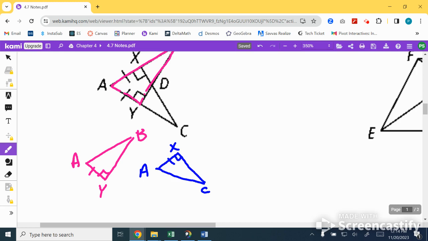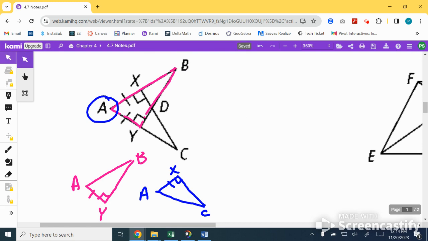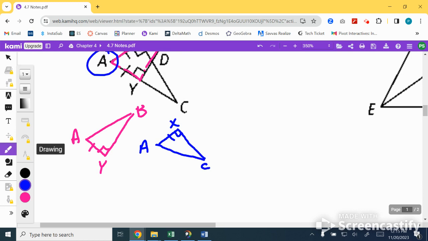All right, now I'm going to look at my picture and I'm going to see what do I have in common. And look right there at angle A. In our original triangles, we have this line segment coming from B to A, and here that is. And then just part of it, X to A, is in the second triangle. And then when I come down here, I have A to Y, which is part way, and all the way in the second triangle, A to C. So this would indicate that angle A is in common in both. So angle A.